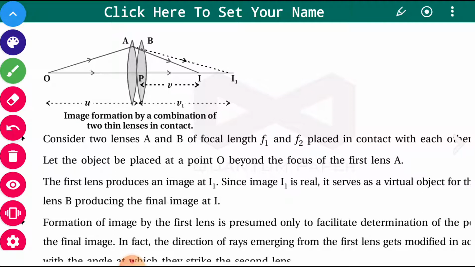Now, if only the first lens is there and the second lens is absent, the image formed by the first lens would be at I1.